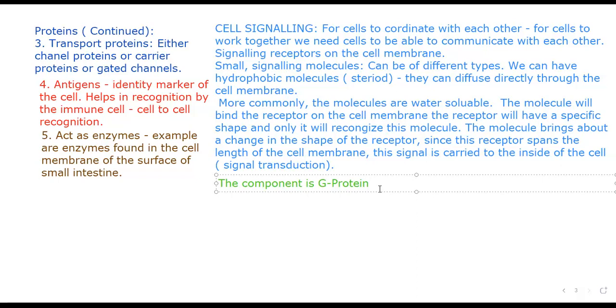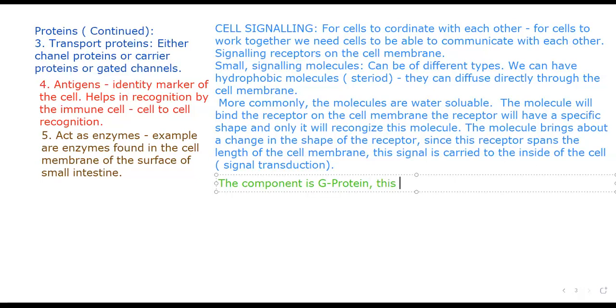This is only one type of pathway that can happen. When a signaling molecule binds to the receptor, different chemical reactions can happen. We are studying just one, and this is the most common one. So we are studying basically the most common methods, but there can be a lot of different types of chemical reactions that take place. Now, what happens is often G protein, right?